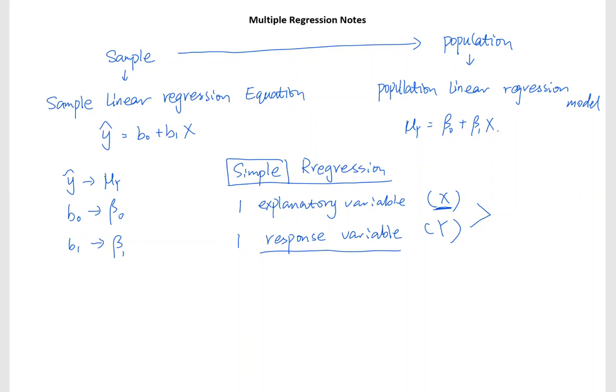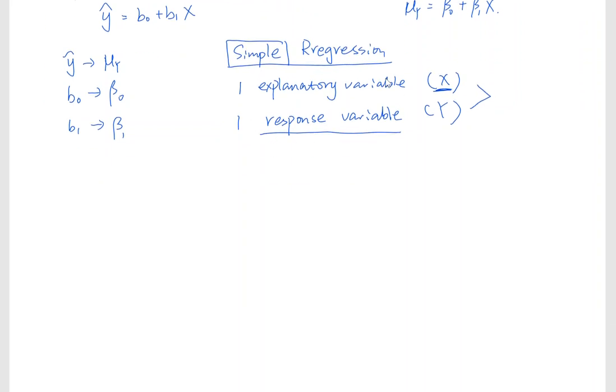But actually in real life, one explanatory variable may not be enough to make an accurate prediction of y. So for example, in our old example, we found the beer's price will affect the number of packs of beer sold in the store, right? So the price will affect the sale. But actually there are some other factors that will affect the response variable.